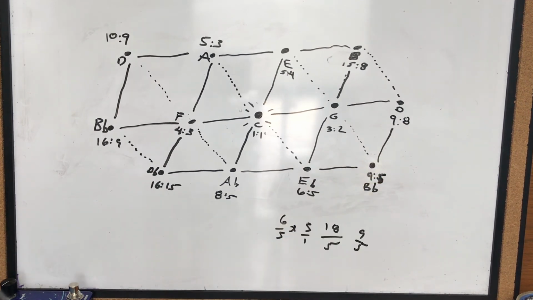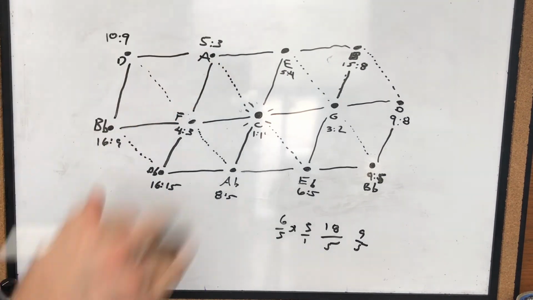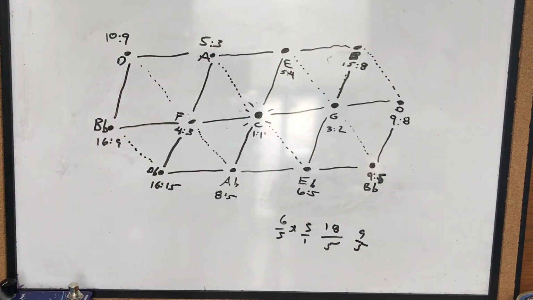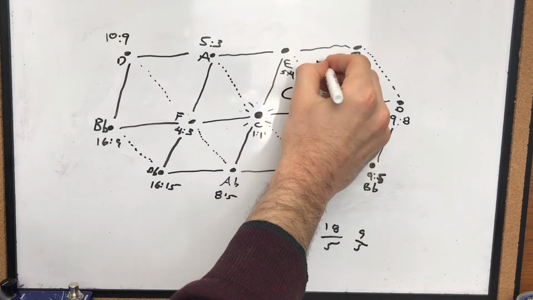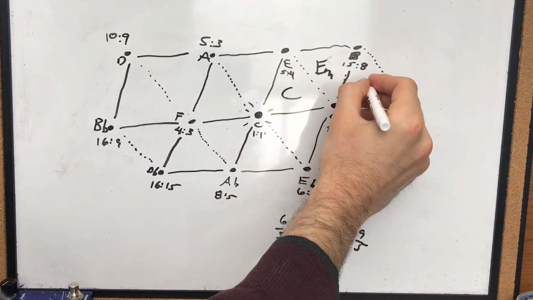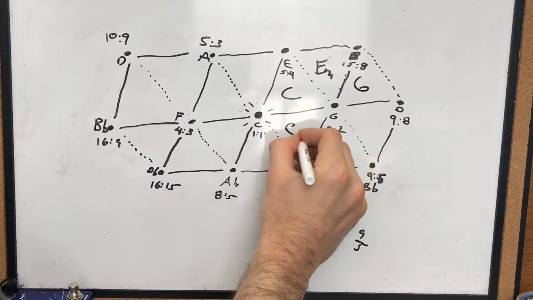I love 5. Okay. Now, lo and behold, this is sort of the beginning of the map, right? Because remember, it keeps going. It goes up further and keeps going and keeps going. And here's our triads, right? We got C major. We got E minor. We got G major. We got C minor.